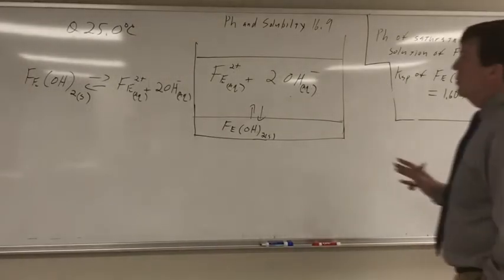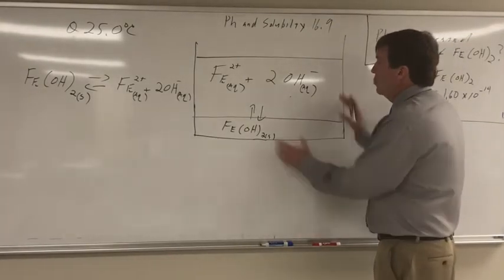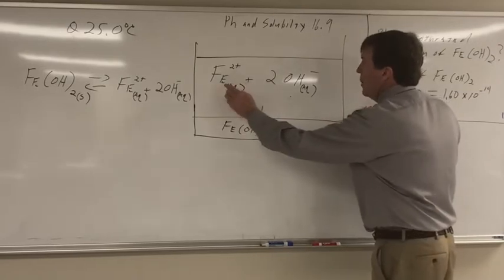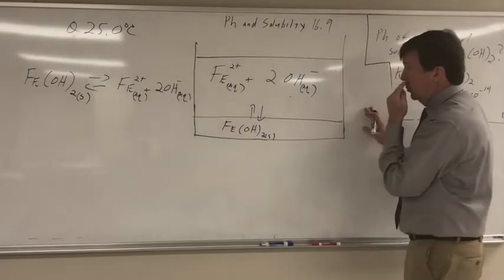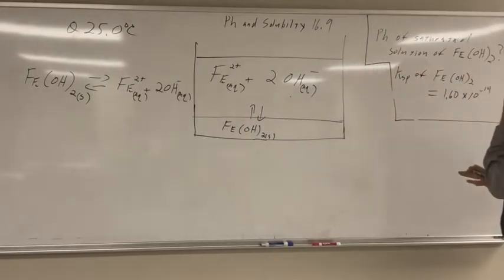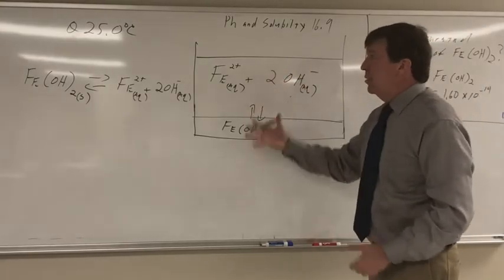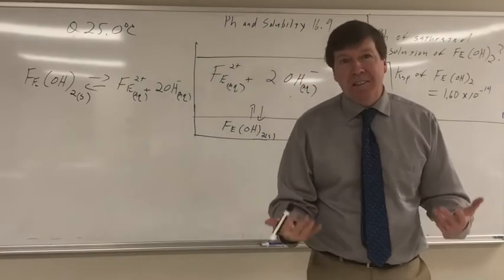All right, so here's the situation. We've got this supersaturated solution here with partial ionization of these 2 ions in solution. What we're asking is, if you added an acid, would this increase the solubility? What do I mean by increasing solubility?